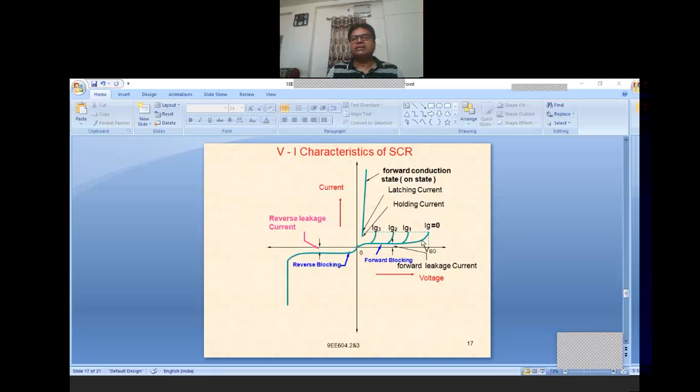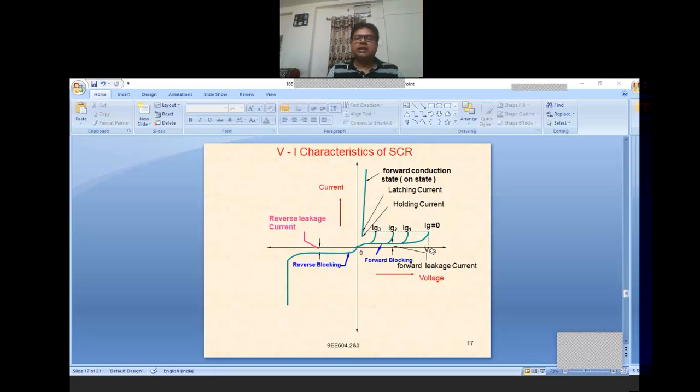This current increases very gradually, from the starting point, that is zero voltage condition, till this last point shown over here, Ig equal to 0 corresponding to VBO.